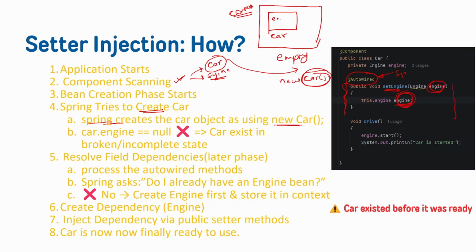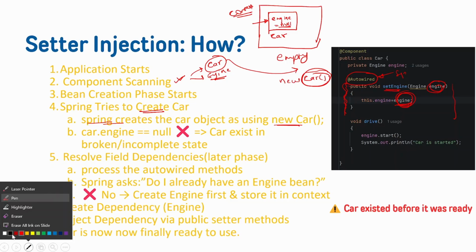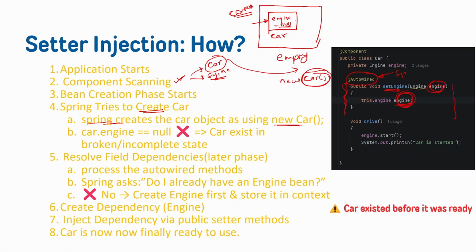And currently the engine is equal to null only. Engine is null because currently the dependency is not injected. Because dependency is not injected at this point, car dot engine is equal to null.